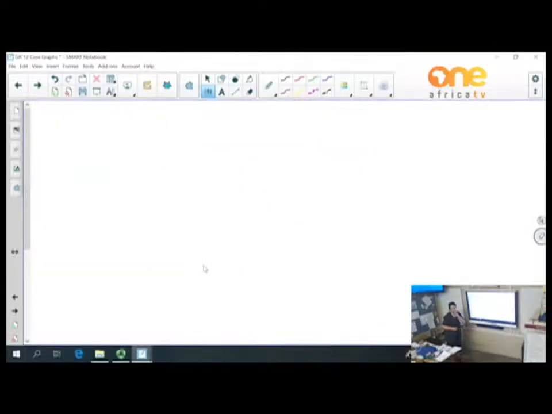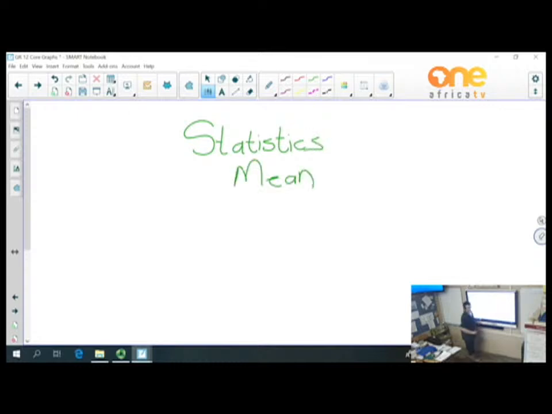Okay. Right, so we continue now with statistics, and at this stage we are looking at the mean of group data. So we did a table yesterday on page 349, exercise 21.3.